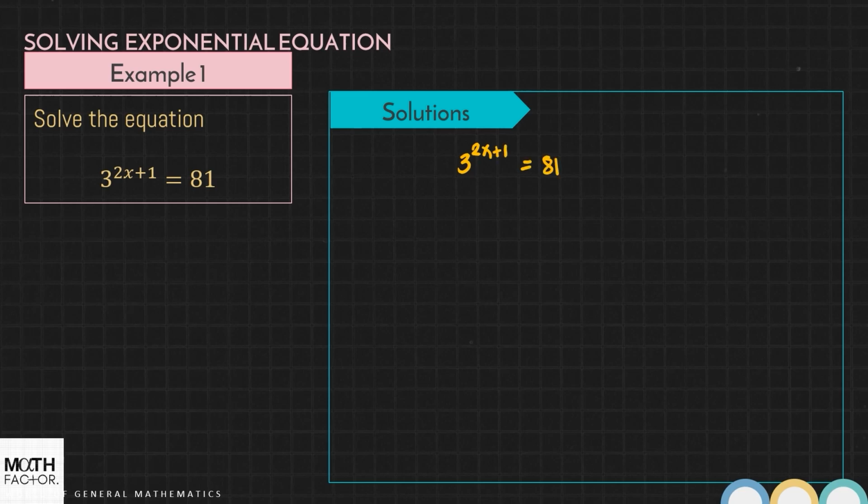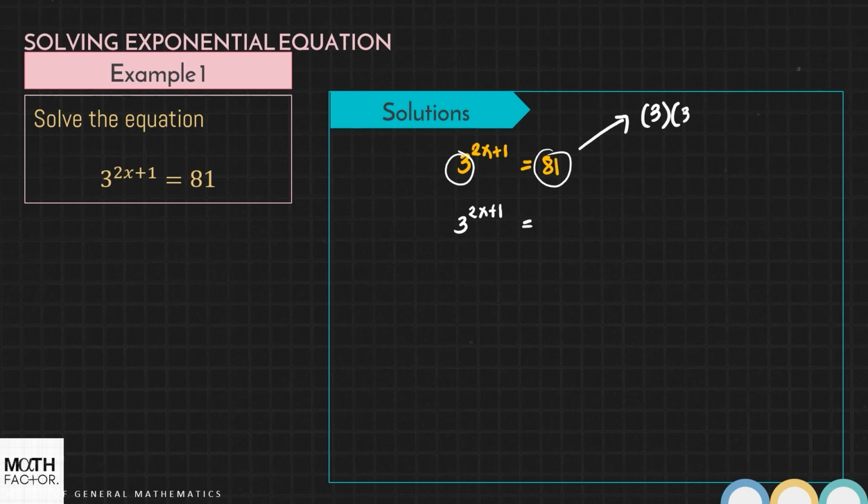So, iisip tayo ng way para mag-equal itong bases natin. Okay? So, since meron tayo ditong 3 as its base, copy lang natin 2x plus 1. Isip tayo. We will be rewriting this 81. Try natin. So, ilang 3 ba ito?